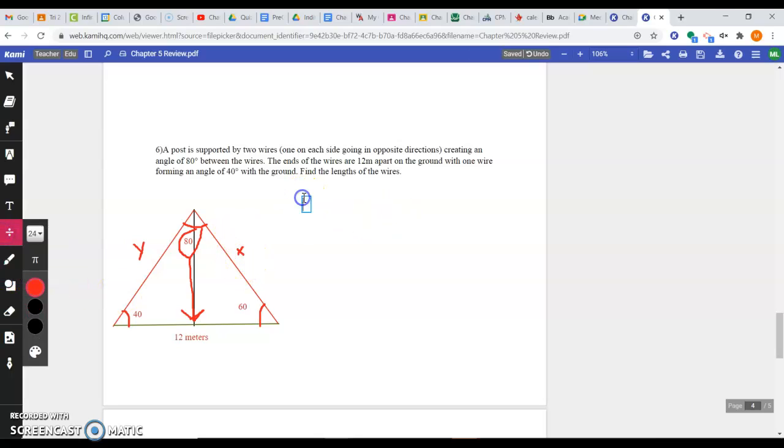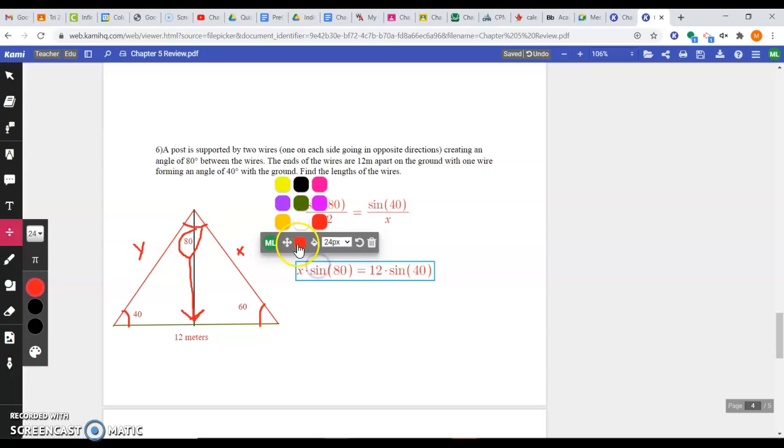So setting up the law of sines, that is going to be the sine of 80 divided by the side across from it, which is 12, equals the sine of 40 divided by the side across from it, which is x. Now cross multiplying here, I get x times the sine of 80 equals the other cross multiplication, which is 12 times the sine of 40.